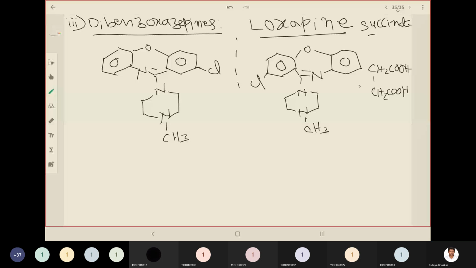Okay, this is a dibenzoxazepine derivative. And the next category we have is dibenzodiazepine. Dibenzodiazepine.